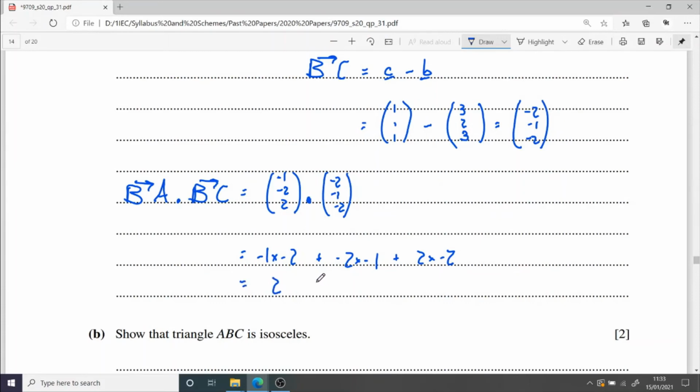So 2 plus 2 minus 4, which equals 0. And when the scalar product is 0, that means the angle between them is 90 degrees. Therefore, angle ABC is 90.